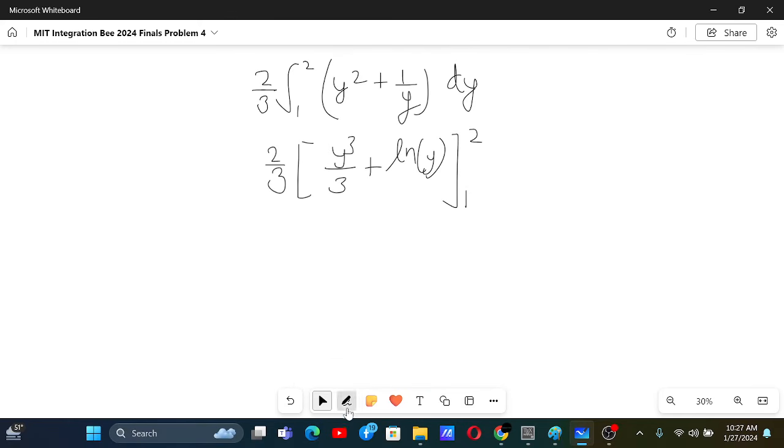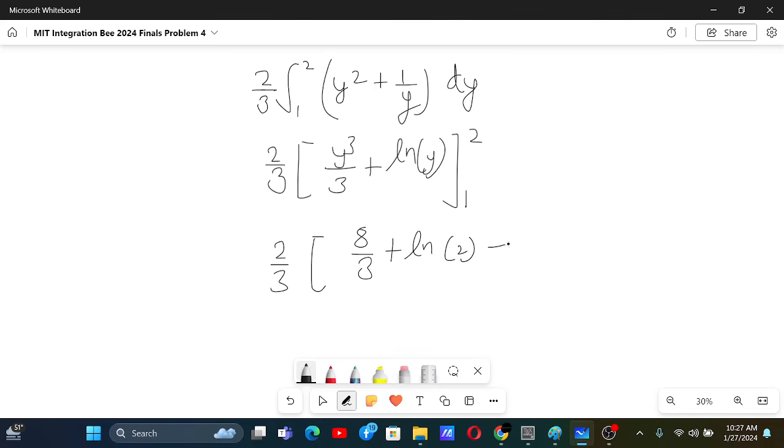Now we have 2 by 3 times 8 by 3 plus ln 2 minus 1 by 3 minus ln of 1. ln 1 is 0, and this will be 2 by 3 times 7 by 3 plus ln of 2.